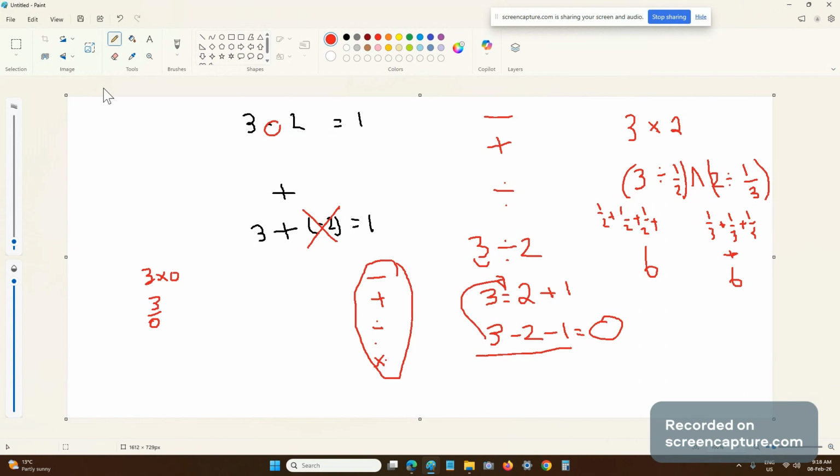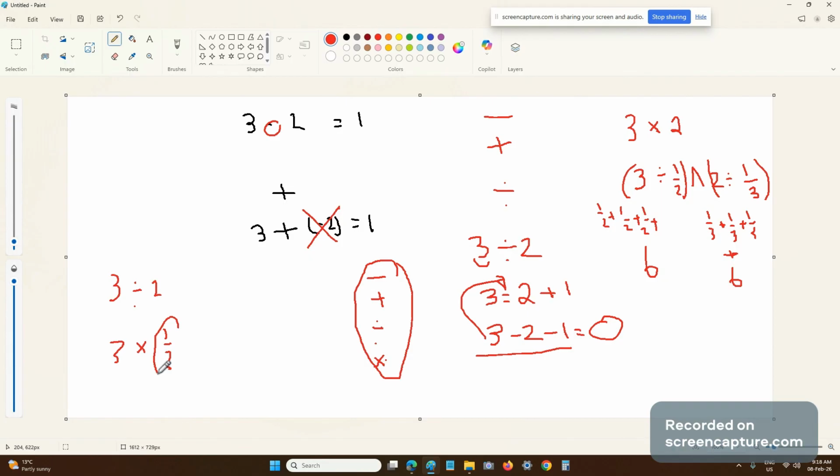Now, you might turn around and say something like this. You might say, okay, well, look, we can define division as 3 times 1 over 2. No, you can't, for the very same reason I showed you earlier. Remember?